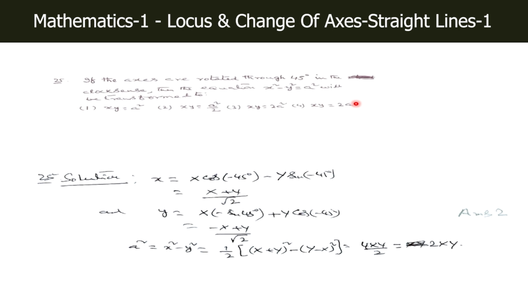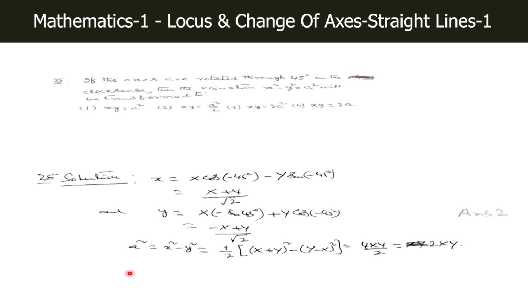So, here small x is equal to capital X into cos minus 45 degrees minus Y into sin minus 45 degrees, which is capital X plus Y by root 2, and small y is equal to X into minus sin 45 degrees plus Y into cos minus 45 degrees, which is minus X plus Y by root 2.